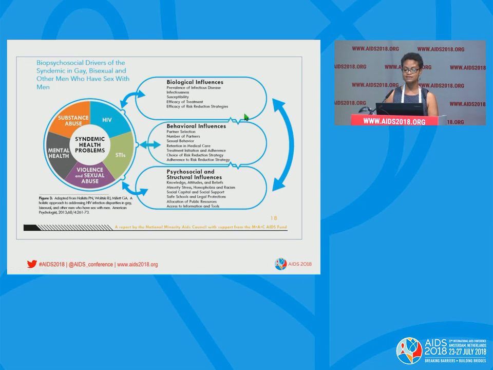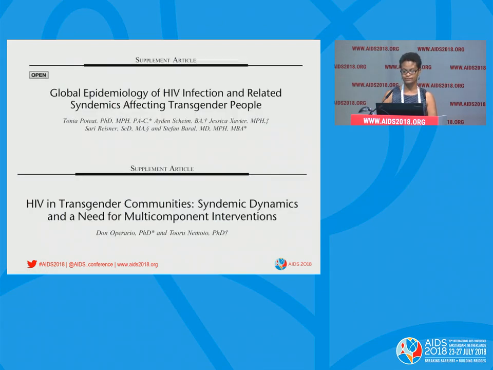So biological influences, behavioral influences, psychosocial and structural influences. So things like minority stress, but also social capital, safe schools, and legal protections. And all those things together influence the syndemic conditions that interact with and exacerbate HIV.